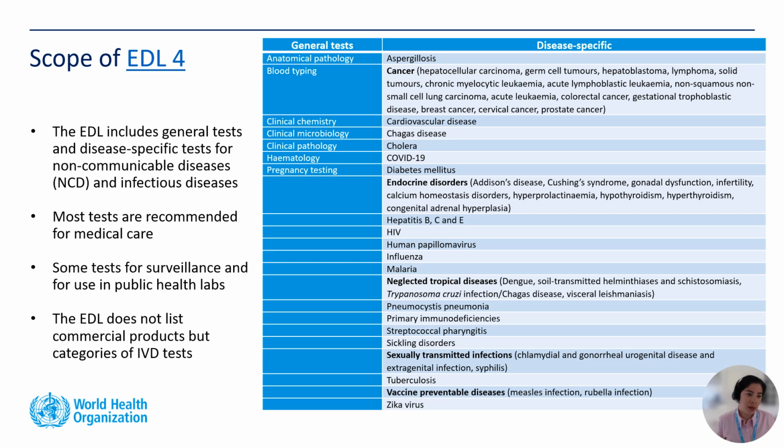Most of the tests are recommended for medical care. However, we also have some tests for surveillance and recommended for use in public health laboratories. Also very important to highlight, the EDL does not list commercial products.